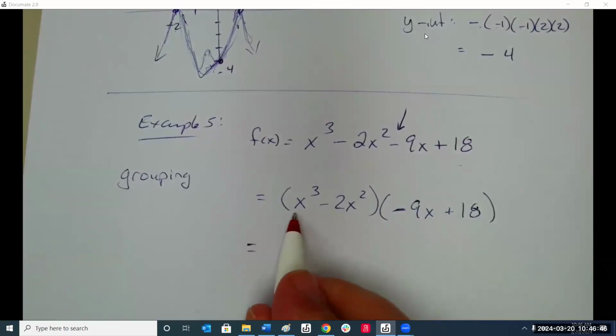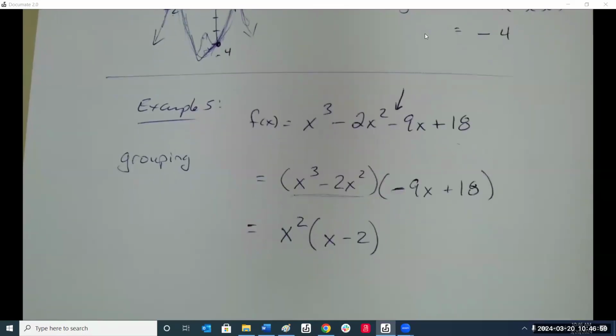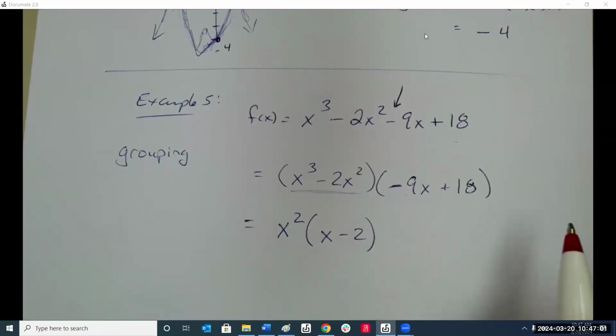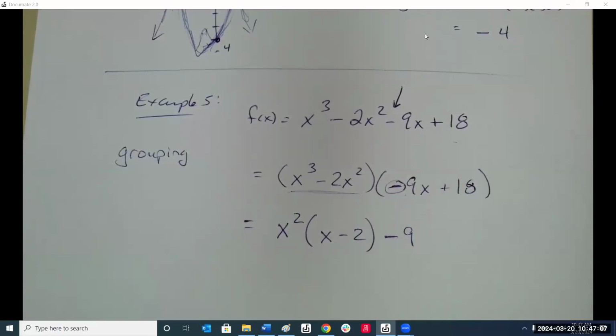Now factor. What do they have in common in the first one? x squared. So if I take out x squared, all I have left is x minus 2. How about the second one? What do they have in common? They both have a -9.